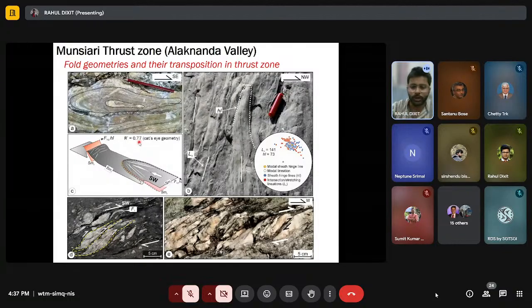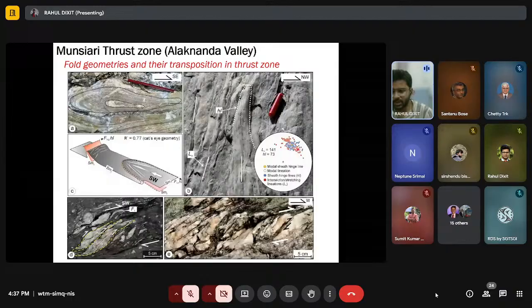And this type of geometry usually indicates the dominance of simple shear in the region over pure shear deformation. And then we also tried to plot these sheath hinge line data along with the intersection or stretching lineations that were present here.